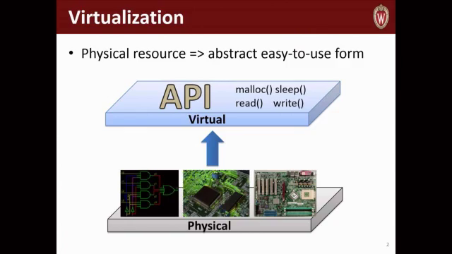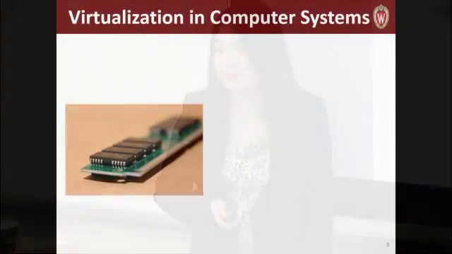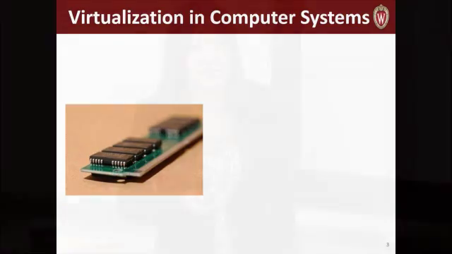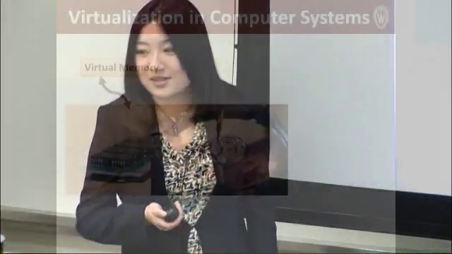So we know that virtualization is a common technique to transform physical resources into an abstract form that can be more easily accessed. And virtualization has been used in many systems. For example, physical memory is virtualized into virtual memory to provide address spaces for different processes.